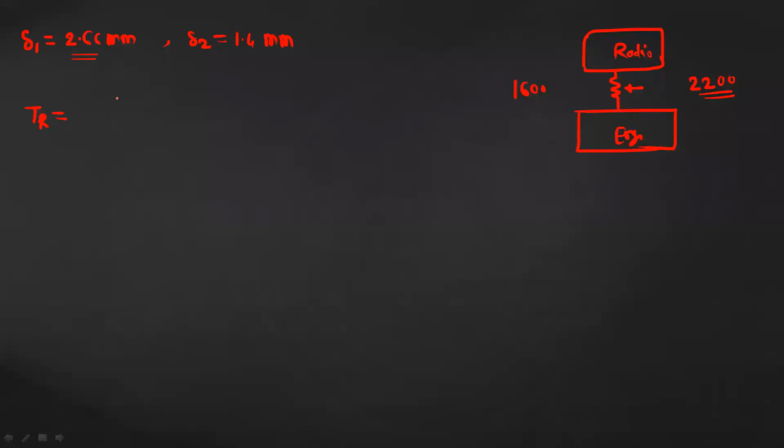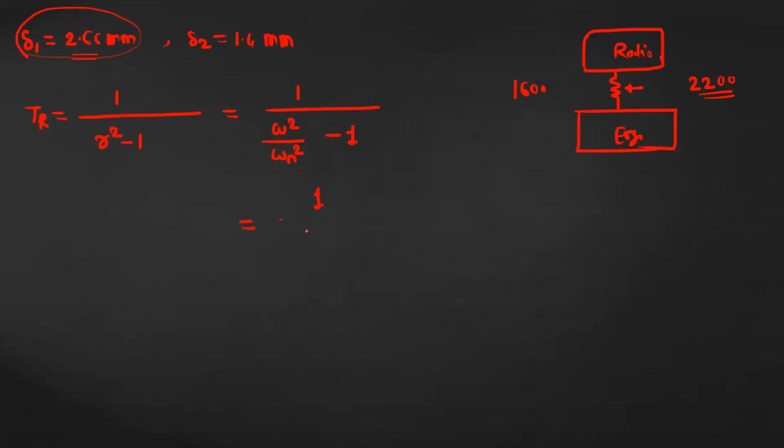So this is 1 upon r square minus 1. Okay, so in this equation, this is 1 upon r square, means this is omega square upon omega n square minus 1. Okay, so first check for delta 1. For delta 1, you have to put omega n as square root g upon delta 1.